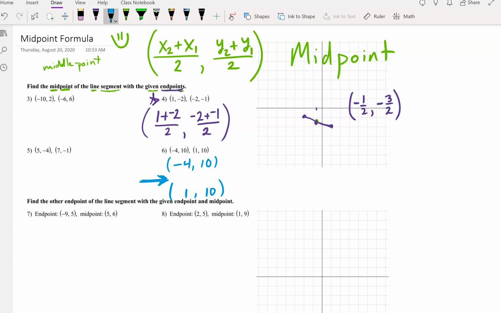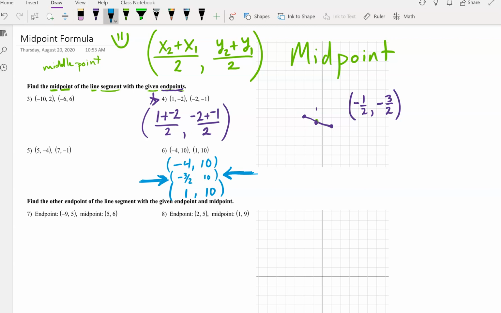So -4 plus 1 is -3, divided by 2, so -3 halves. And 10 plus 10 is 20, divided by 2 is 10. So that's a nice schematic to use to find that point that's halfway between those 2 points.